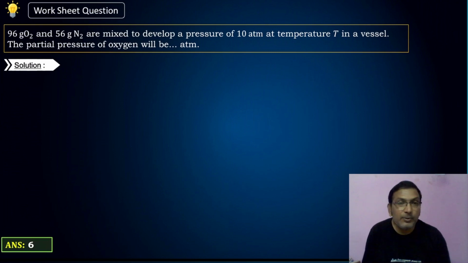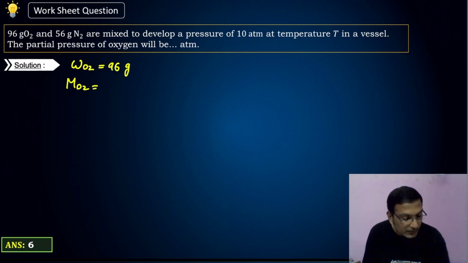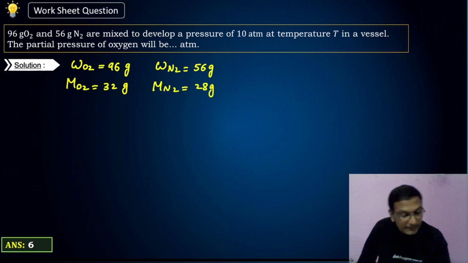So weight of O2 96 grams, molecular weight of O2 32 grams, say it is gram molecular weight. Next, weight of N2 56 grams, molecular weight of N2 28 grams, gram molecular weight.